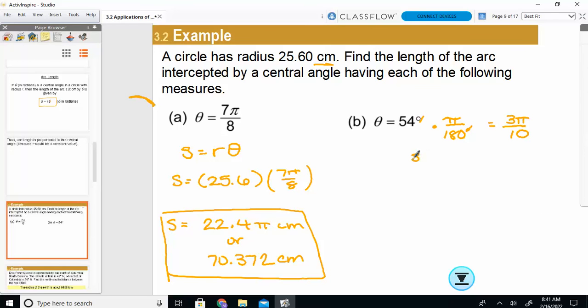So now we can plug into our S equals r theta. My radius is 25.6. My angle is 3 pi over 10.